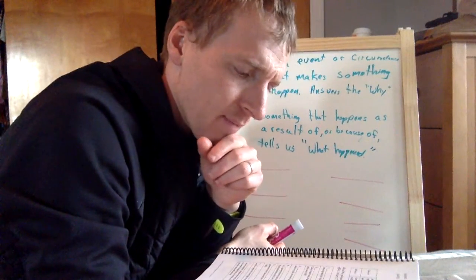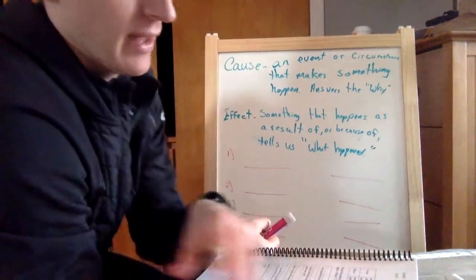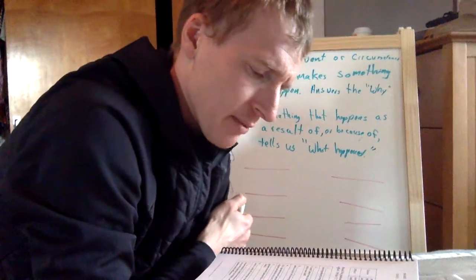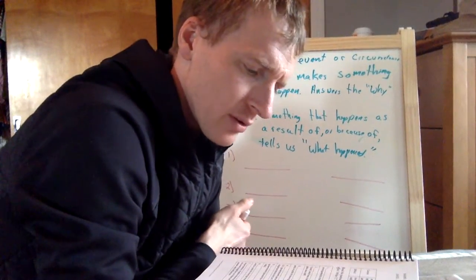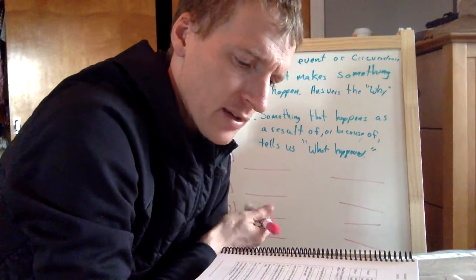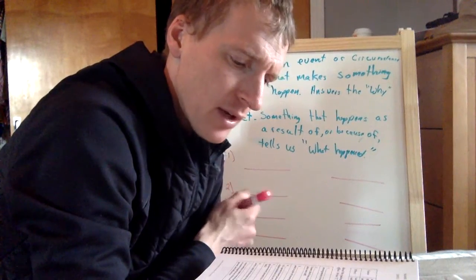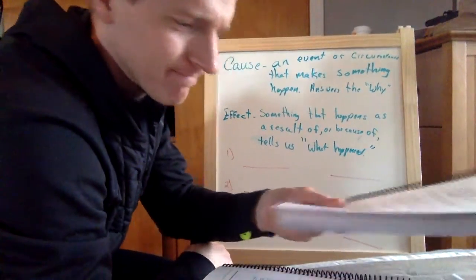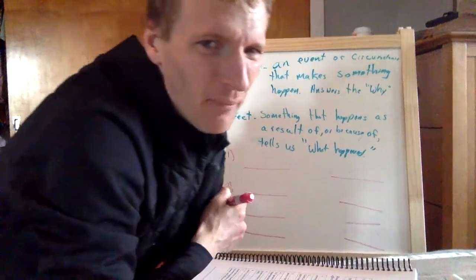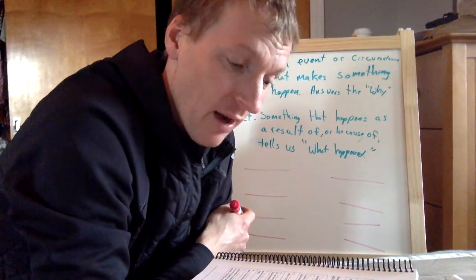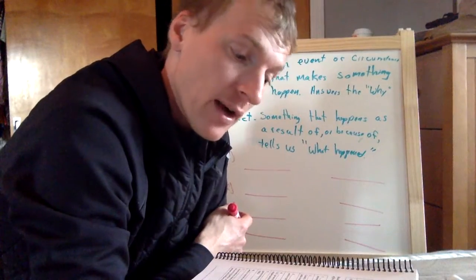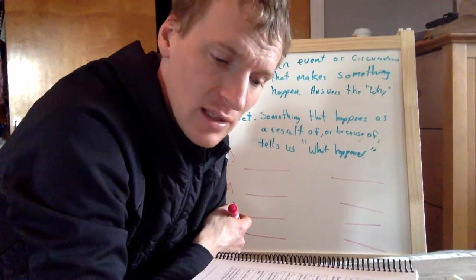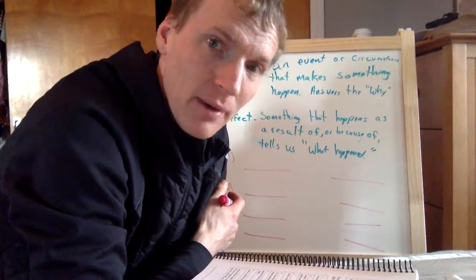So the first one, let's try and think of that as the cause. Europeans immigrated to the New World. What was the effect? Europeans had little opportunity in Europe. No. First one, effect: Europeans immigrated to the New World because they had little opportunity in Europe.